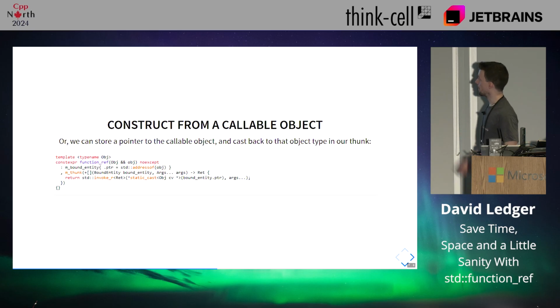There's no guesswork here. Once we dereference that, we can just invoke it, and because it is a callable, we're going to call our object. I'm omitting some concepts here which would constrain this to basically prevent function references from constructing function references, which would almost always be a bug, but this is essentially how you construct from a callable object.